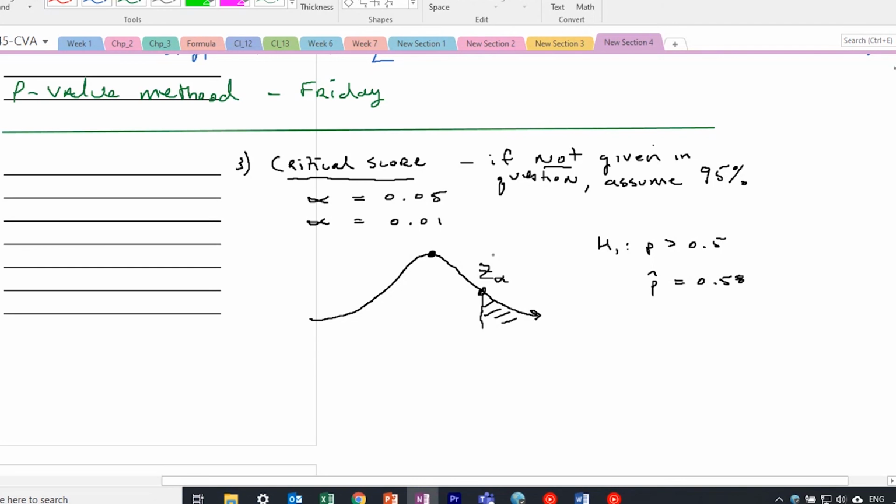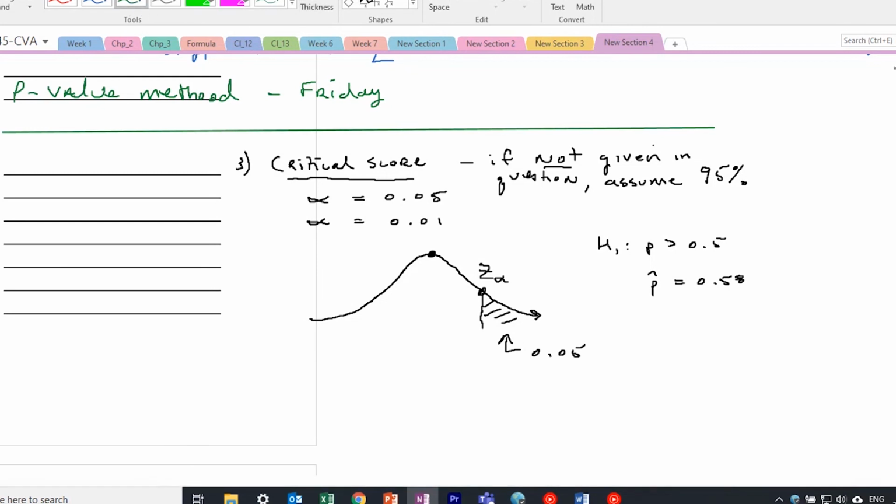So again, the critical score is setting up some sort of touchdown or some sort of line that we have to cross in order to be sure of our results. If we want to be 95% sure in a one-tail test, then all of the uncertainty is here.